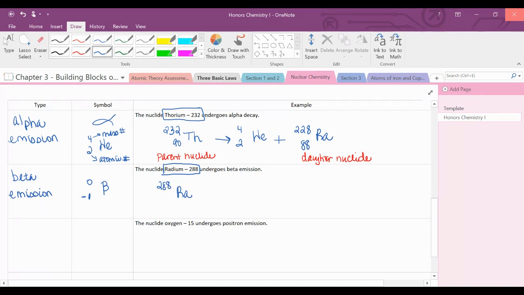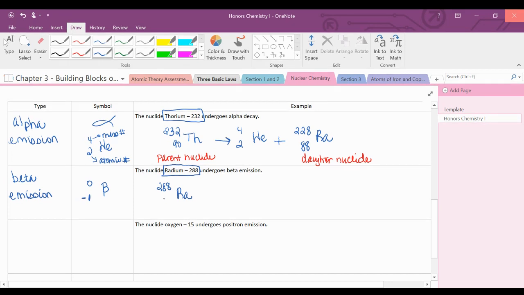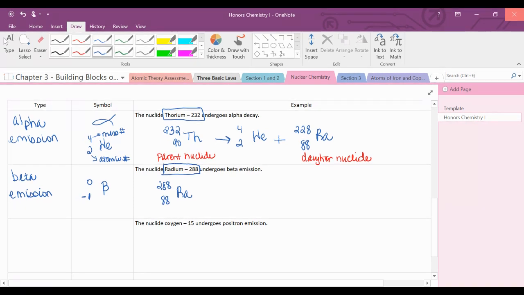And if you find Ra on your periodic table, we can see that its atomic number is 88. It's going to undergo beta emission, so it's going to give off a beta particle.